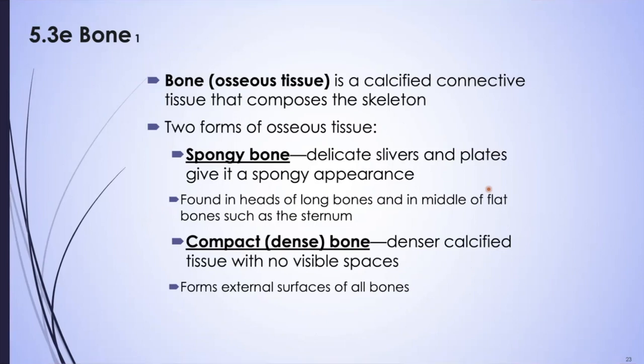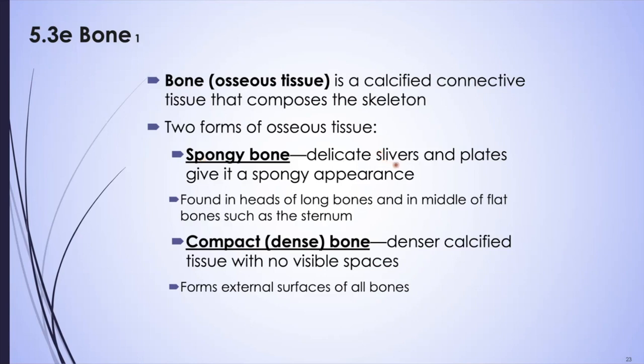That's going to be bone, or osseous tissue. Bone osseous tissue is calcified connective tissue that composes the skeleton. You have two types of osseous tissue: spongy bone and compact bone. It's exactly in the name, so it should be real easy. Spongy bone looks exactly like a sponge.